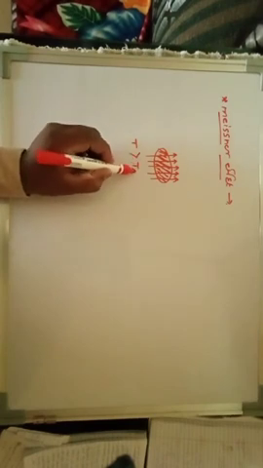This is the case where the temperature is greater than Tc, the critical or transition temperature. This is the normal state: the magnetic field passes through the material when the temperature is higher than the critical temperature.